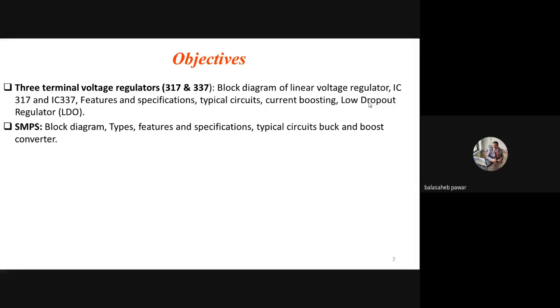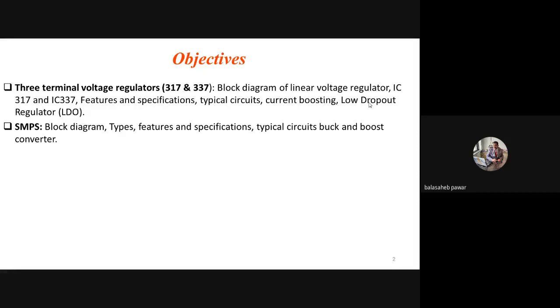Not only by changing the load current, other factors are also responsible for changing that load voltage. The second factor is a change in supply voltage, that is 230 volt. How the average output voltage changes accordingly, we already discussed in the last lecture, right? And the third is temperature stability.